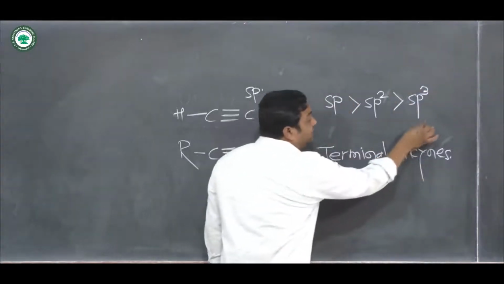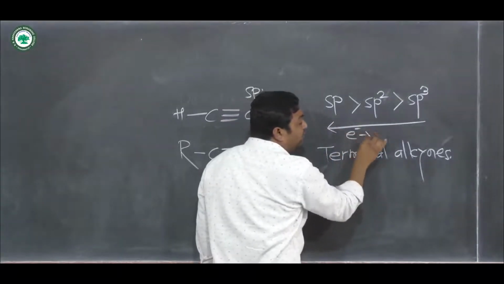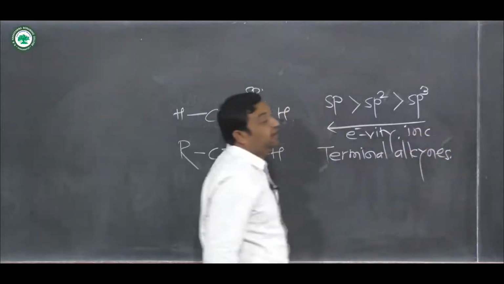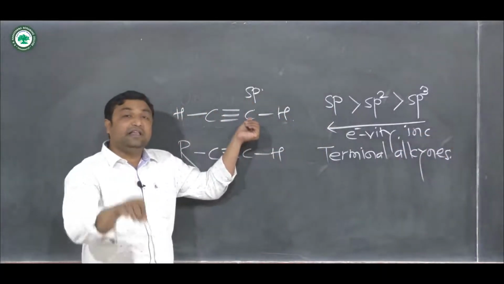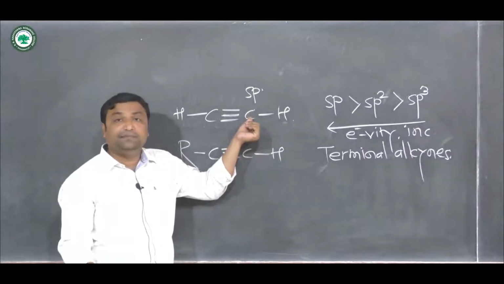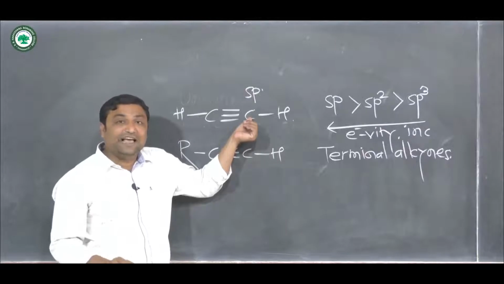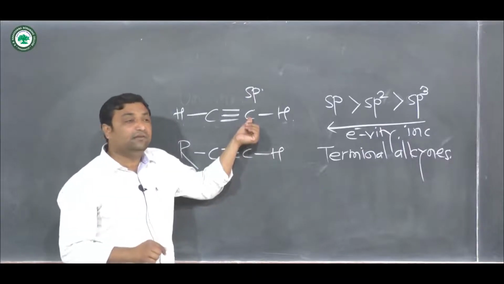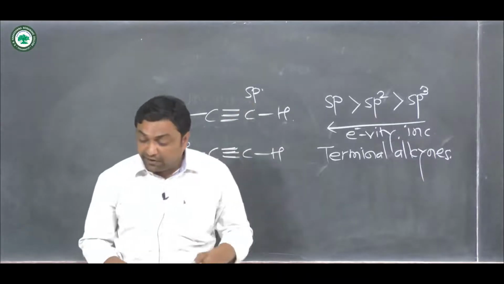In this direction, the electronegativity value increases. It means the sp carbon atom has higher electronegativity than the other carbon atoms such as sp2 and sp3 carbon atoms.